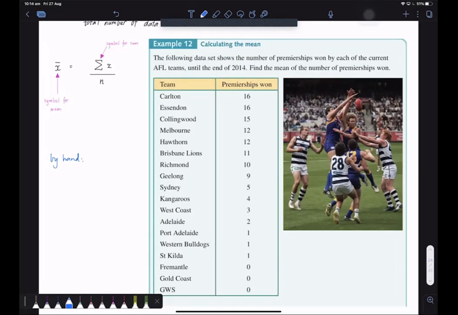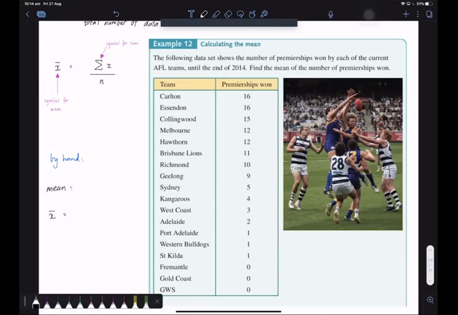If we were to do it by hand, we would have to go through, and you've done this already last year, and by now you're probably bored out of your brains. This here represents the mean. Rather than writing the word mean and then writing your calculation, I can write x bar.